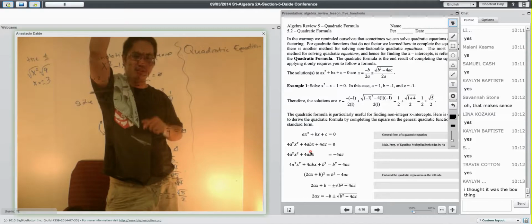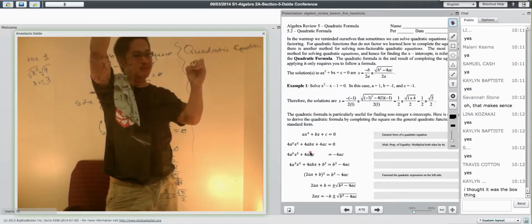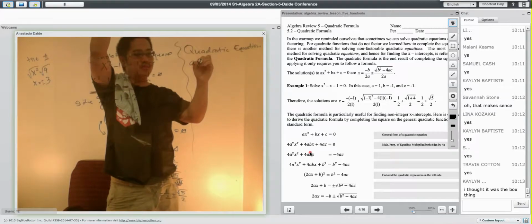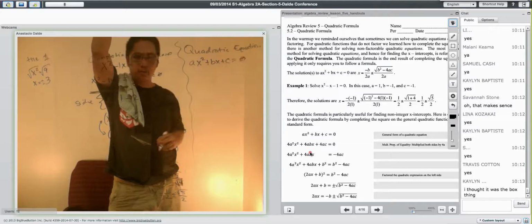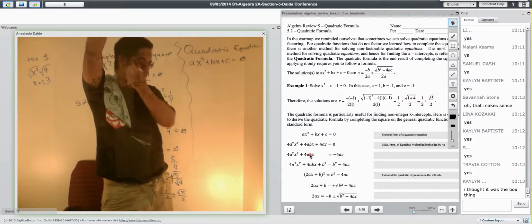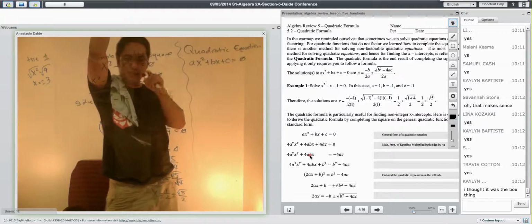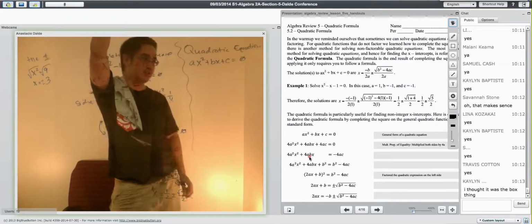Do what I'm doing. What they're doing doesn't make sense. Let's do this one together. Ax squared plus bx plus c equals 0. I can see why they did those things, but I feel like I can teach you better if I just show it to you like this.